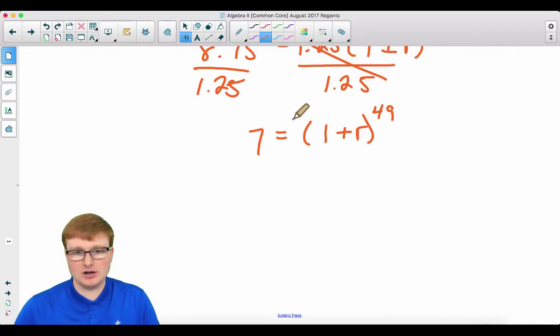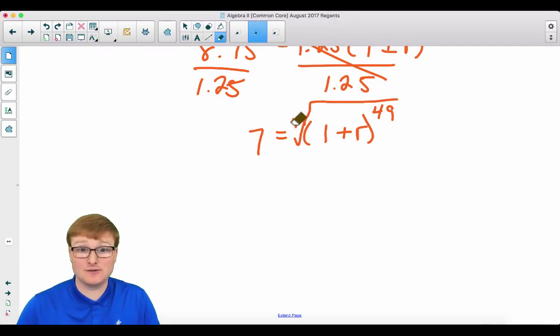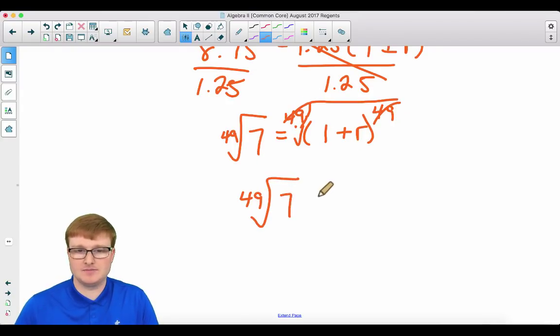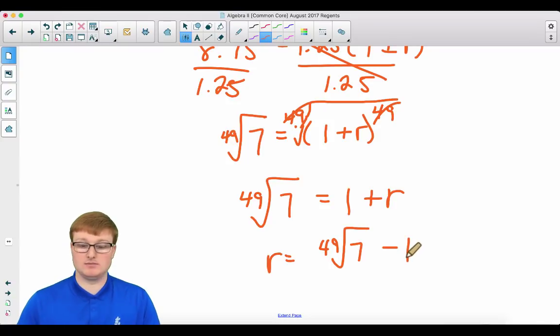Now, to solve for R, and I know it sounds crazy, take the 49th root of this number. I know, right? Never heard of that before. Take the 49th root. It's going to be a very, very small number. But that cancels anyway. So the 49th root of 7 is equal to 1 plus R. The rate is the 49th root of 7 minus 1.